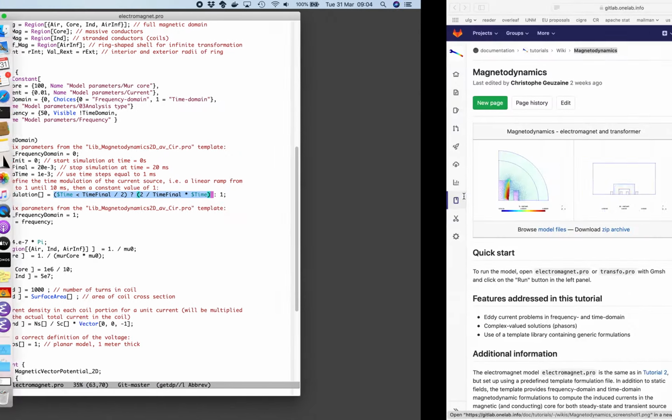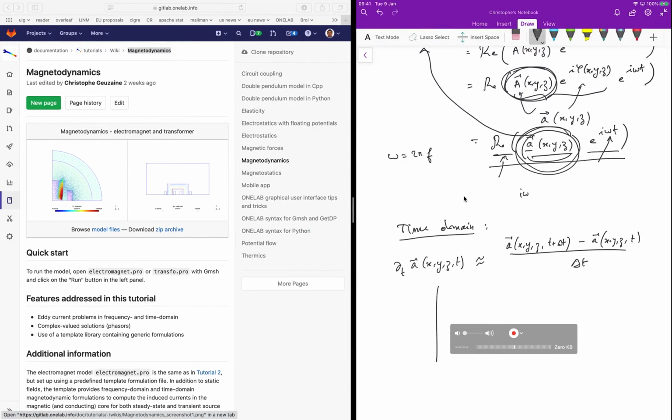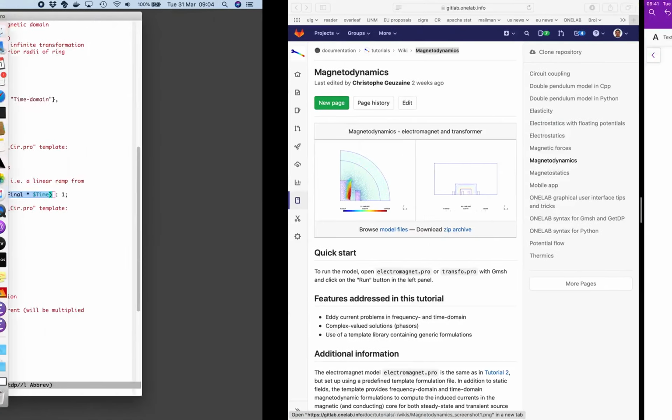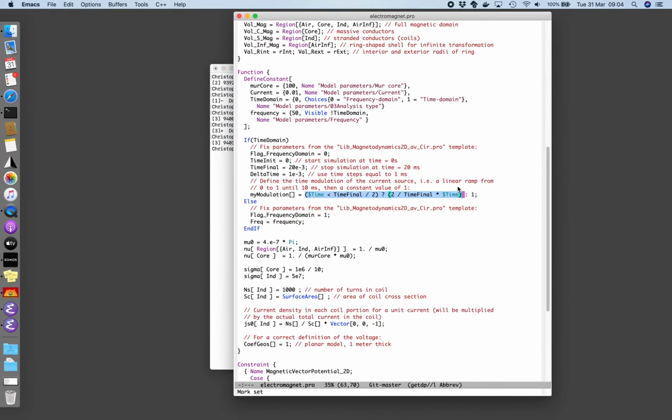Let's draw it maybe. If I look at my excitation I of t, I'll grow linearly, and then I'll stay constant. How did we call it? Time init, time final.